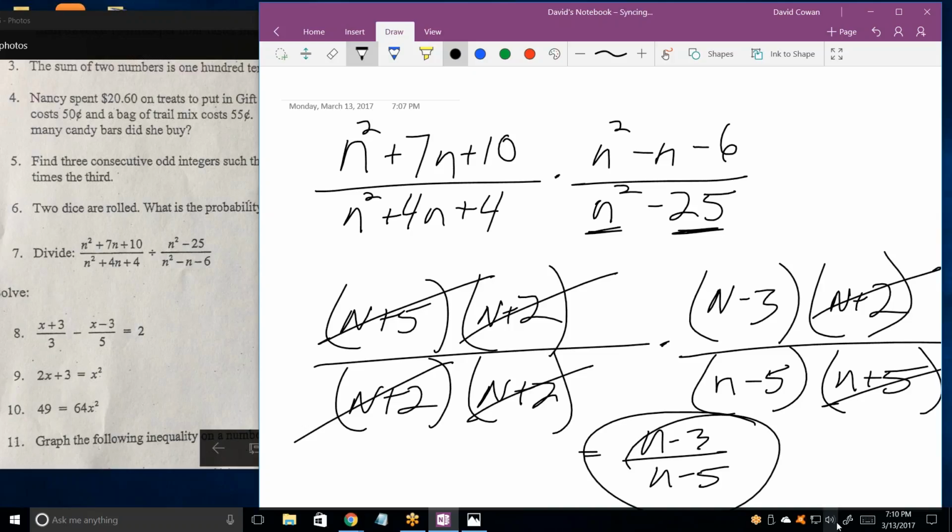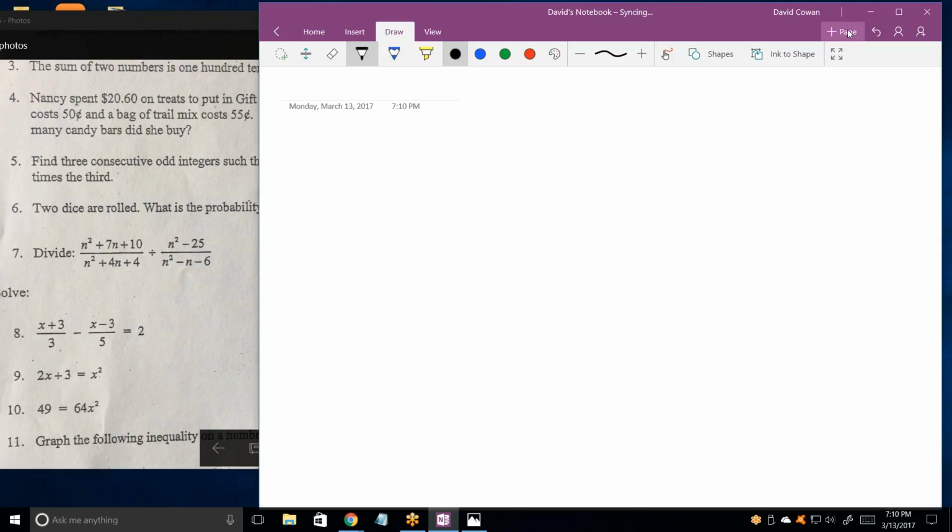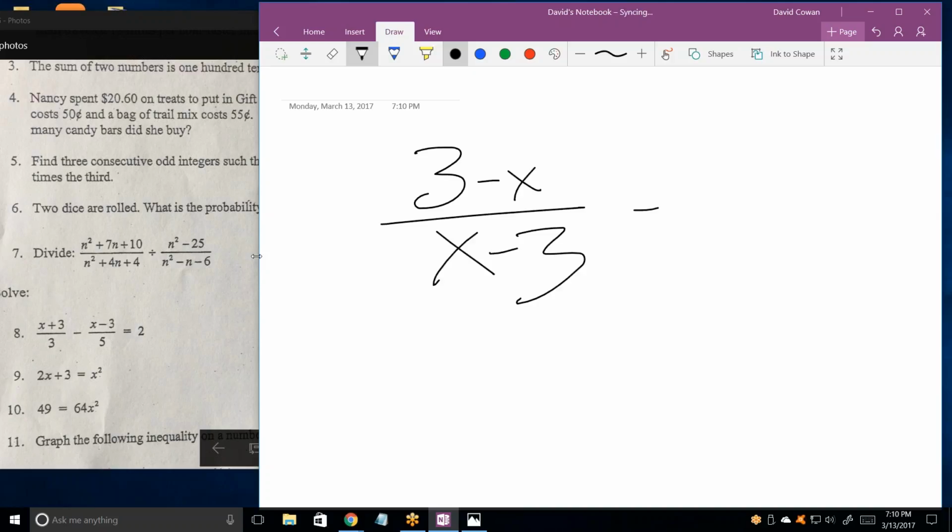Okay? Now, before we go on, I want to point out one thing, because if anybody's going to get it, you're going to get this. In the problem we just did, I only canceled when the things were exactly the same, right? What is this equal to? The same thing.